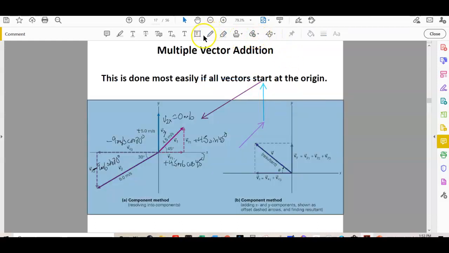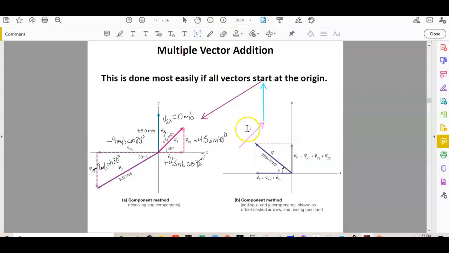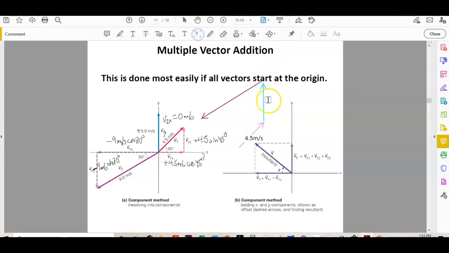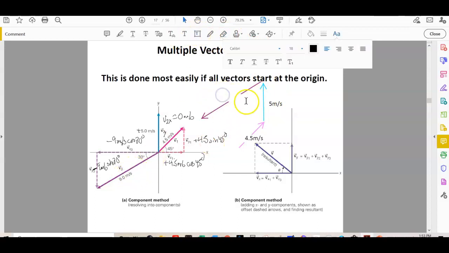So let me label this pink guy, which is a 4.5 meters per second vector. This one is the 5 meters per second baby blue vector. And this purple one is 9 meters per second.